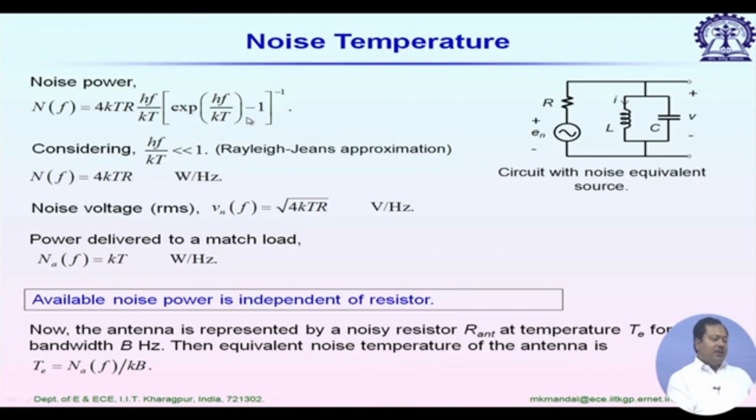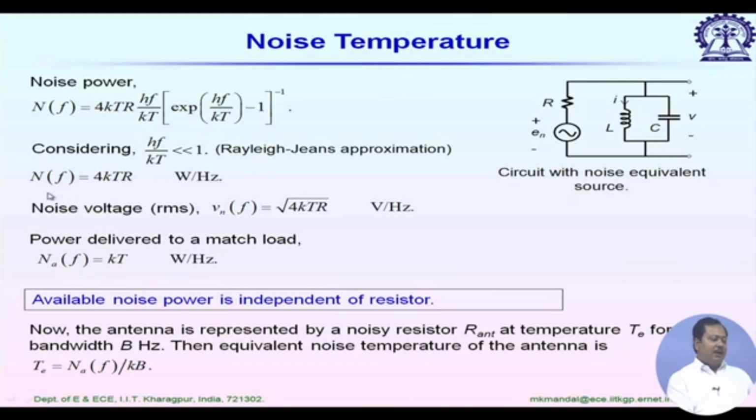Now, if we consider a low frequency high temperature case, so that means hf by kT much less than 1, this condition is also called Rayleigh-Jeans approximation. So, in that case e to the power x, we can terminate the exponential series by its first two terms. So, it is 1 plus x, that means 1 plus hf by kT.